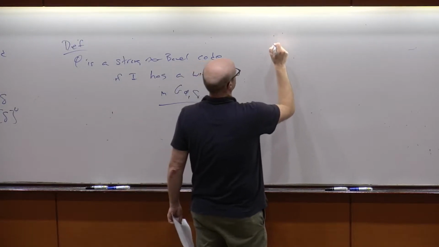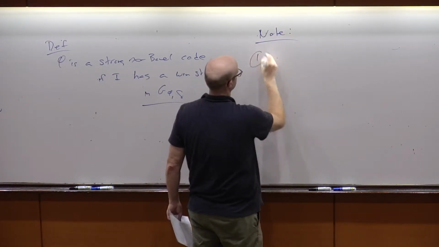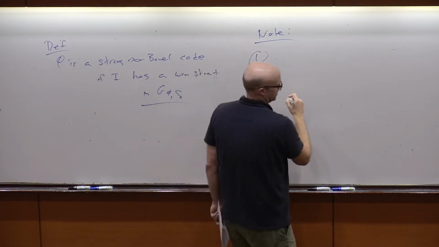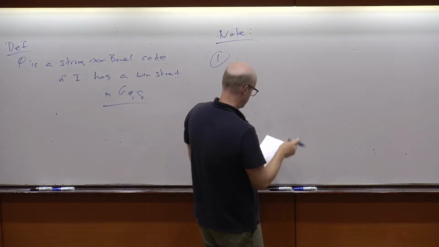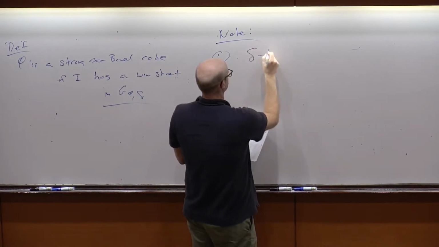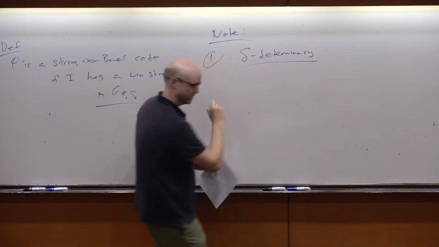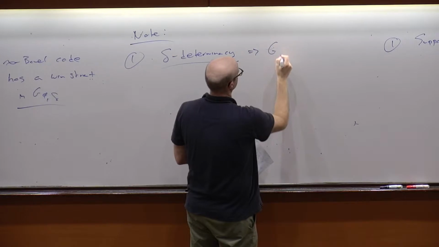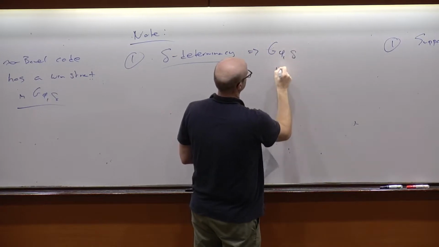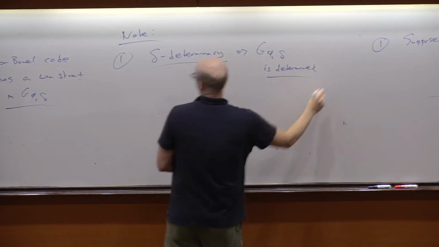All right, so our first observation. Again, this is all due to Hugh. Delta determinacy, in the sense that we defined as part of AD+, implies that this game, G phi delta, is determined. And the point is what?